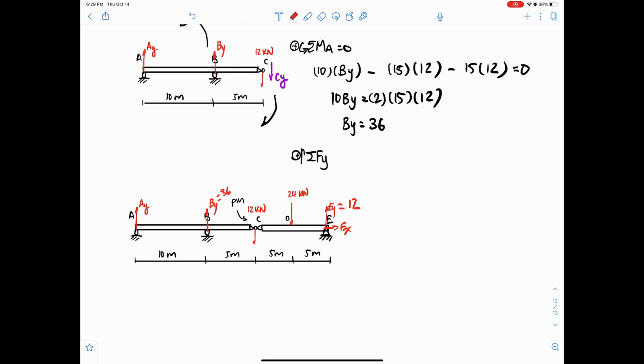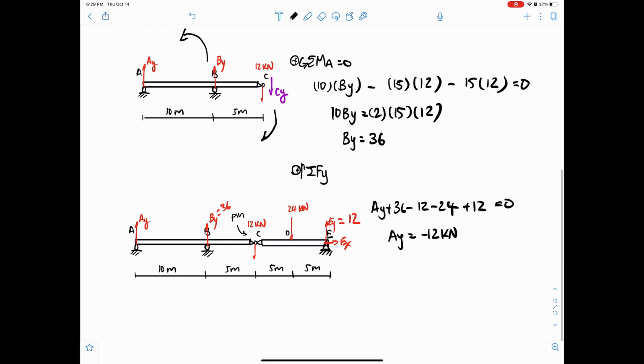So 36 from BY minus 12 from this point load at the hinge minus 24, and then plus 12, and then that equals 0. Whoops, and then I forgot an AY there. So AY would then equal negative 12 kilonewtons. So that would mean that AY is actually going downwards.